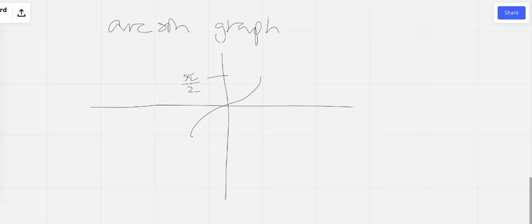In an arcsine graph, the graph will behave like this. And this is pi over 2, and here is negative pi over 2. So we know for this graph, the workable graph only appears when y is less than pi over 2 and greater than negative pi over 2.